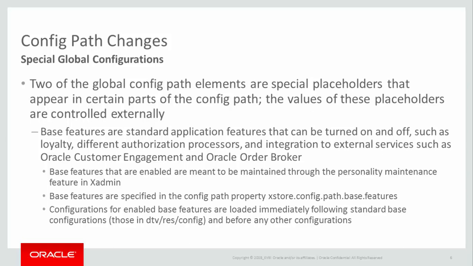Base features that are enabled are meant to be maintained through the personality maintenance feature in xadmin. Base features are specified in the config path property xstore.config.path.base.features. Configurations for enabled base features are loaded immediately following standard base configurations, which are those in dtv/res/config, and before any other configurations.